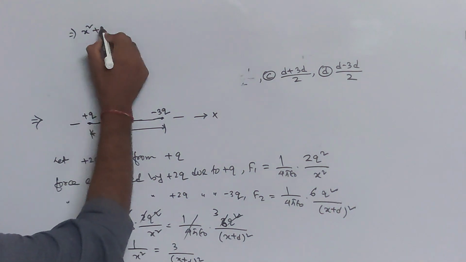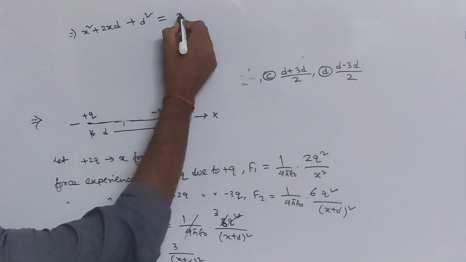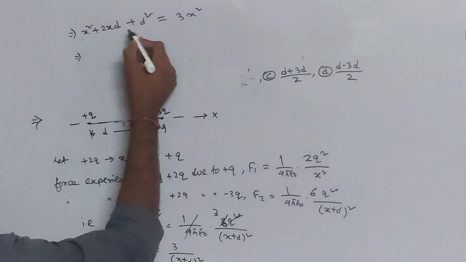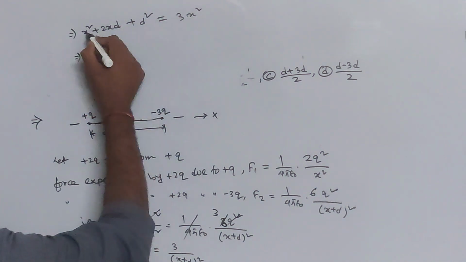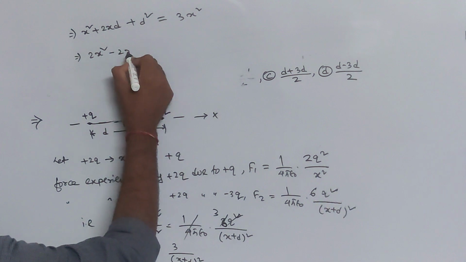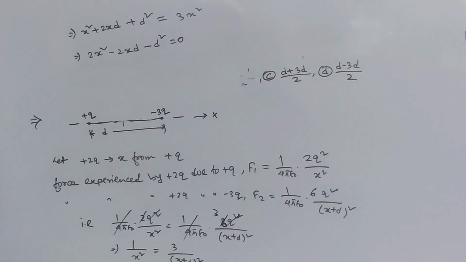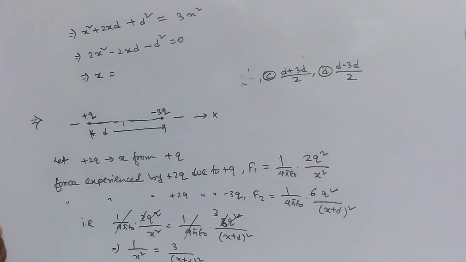Then x square plus 2xd plus d square equal to 3x square, right? Then if I put this thing on that side, it will be 3x square minus x square is 2x square minus 2xd minus d square equal to 0. Okay, so now what will be the value of x?